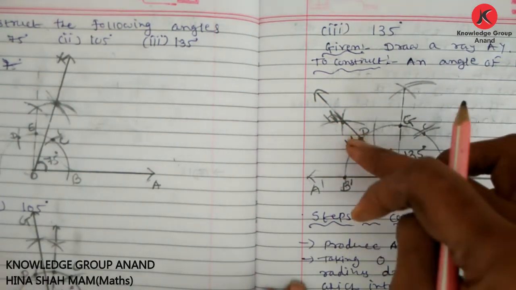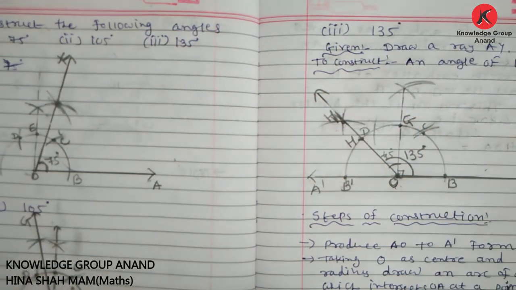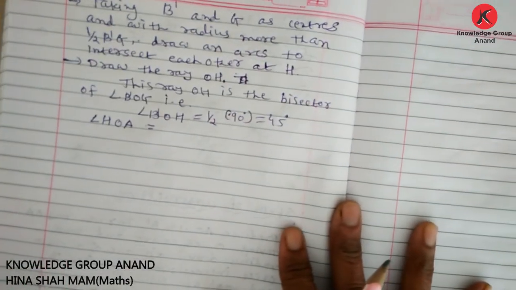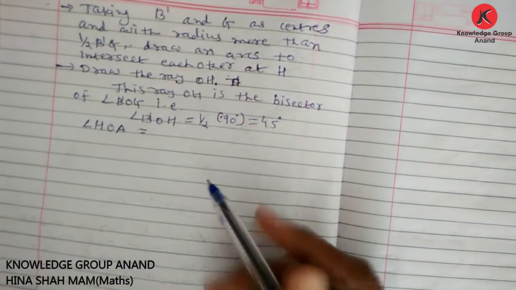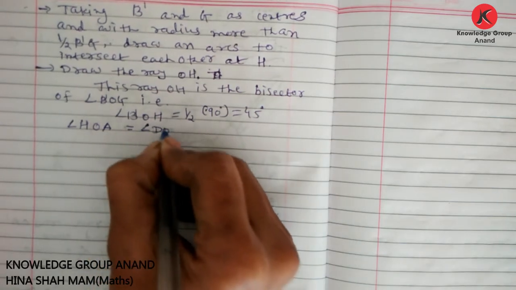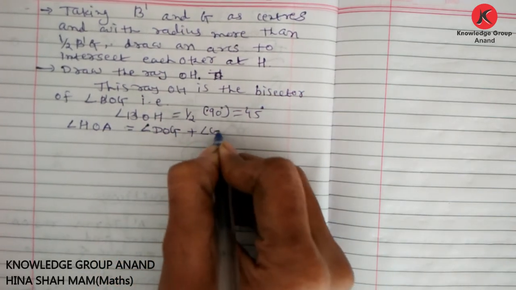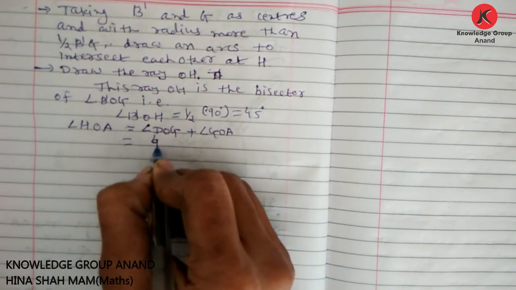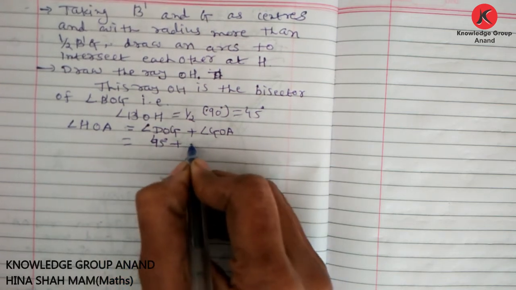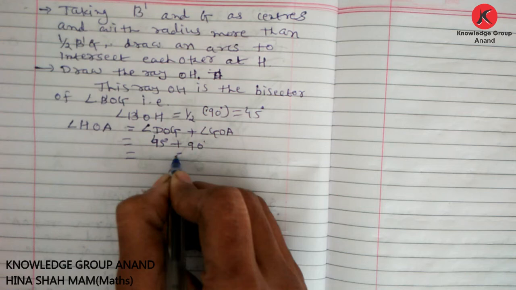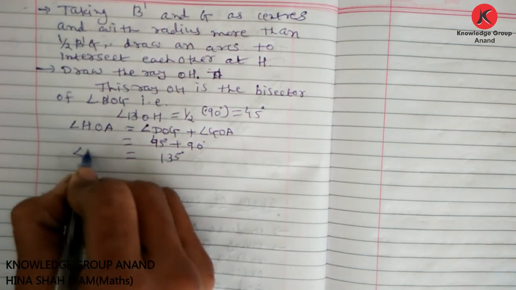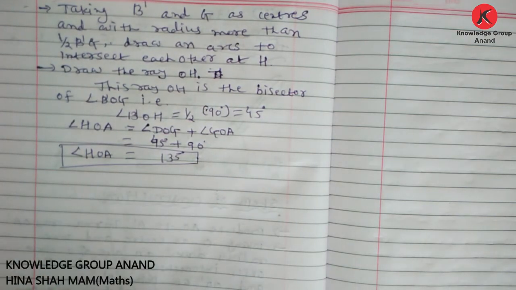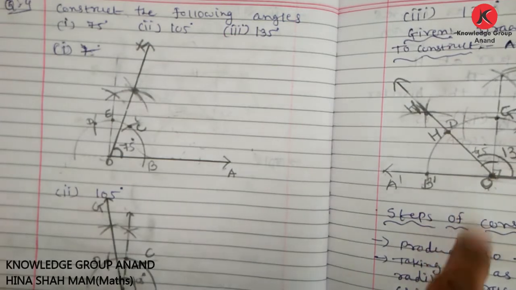Angle HOG plus angle GOA is equal to 45 plus 90, which is equal to 135 degrees. Angle HOA is equal to 135 degrees.